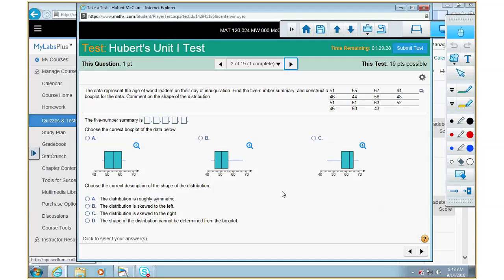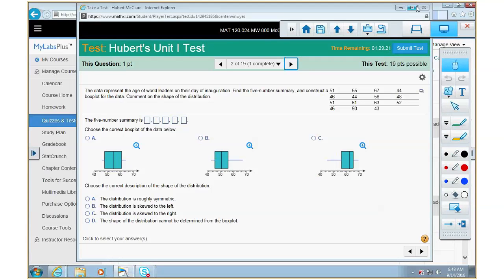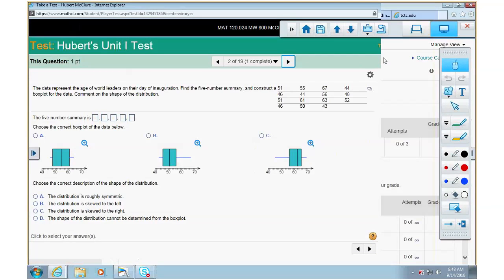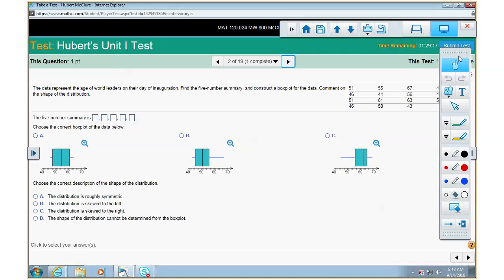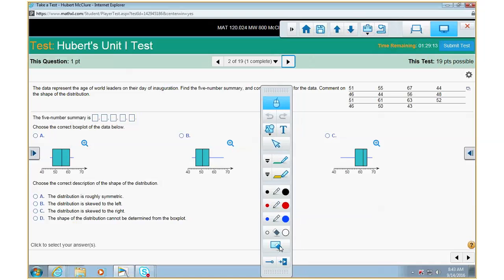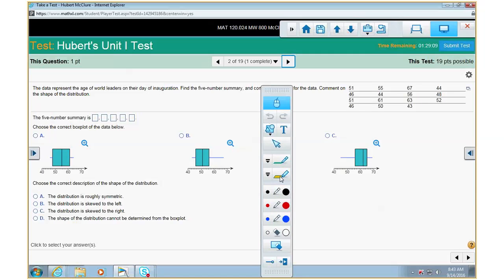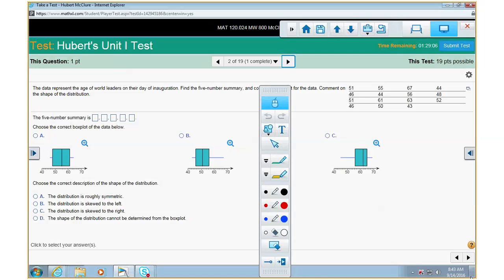I'll blow it up. If you can't see, get up and move. This thing is just in the way all the time. I'll have to put it in the middle right now. Now I'm going to do it on the Excel spreadsheet.